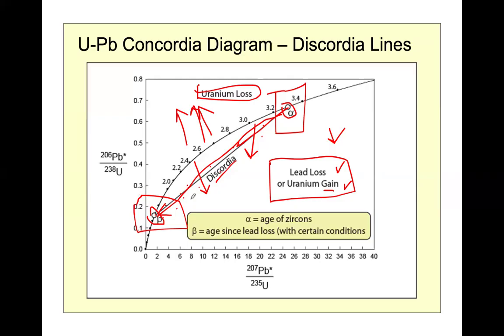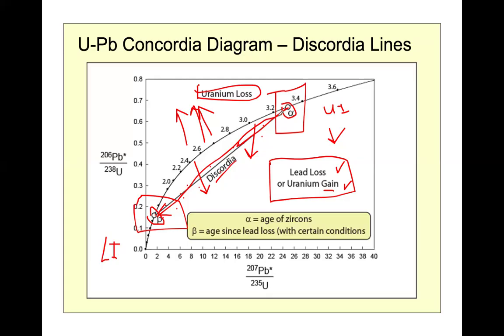So you have a discordia plotted, and this is called the lower intercept, and this is called the upper intercept. So you have a lower intercept and an upper intercept for these concordia diagrams. These are also very meaningful ages you can get.